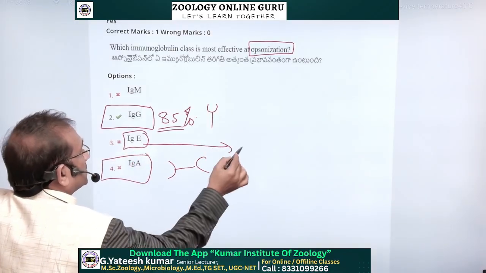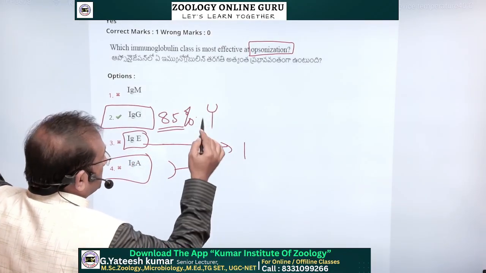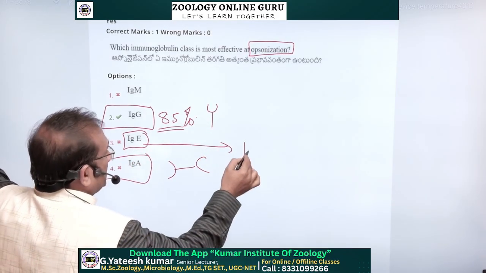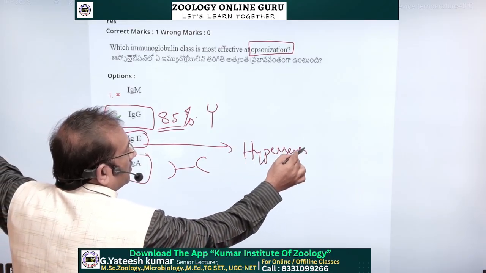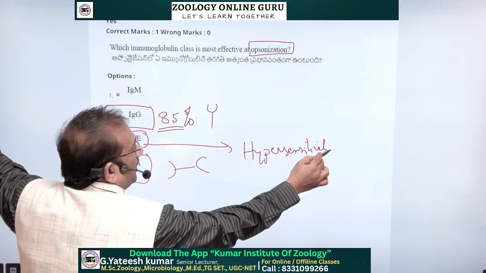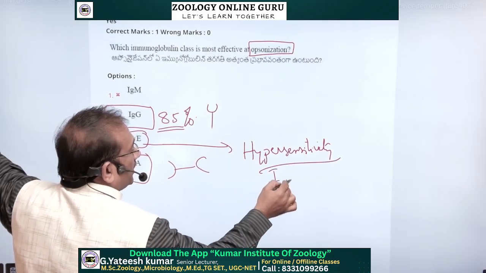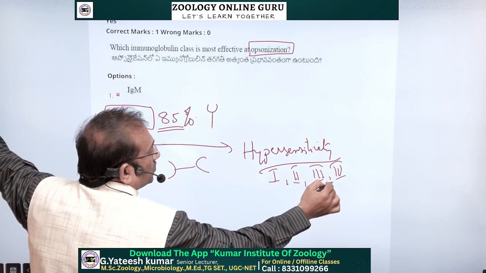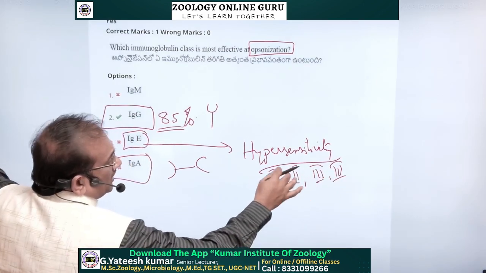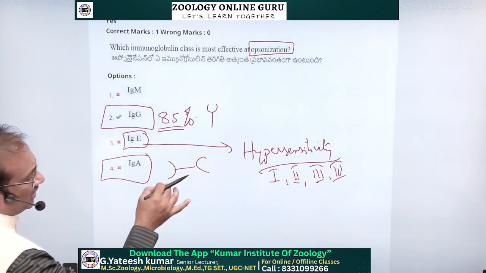This is the answer. Here, in the previous question, the second question is there: IgE, hypersensitivity. Hypersensitivity type 1, type 2, type 3, type 4 are there. Just go through the definitions, at least single or double line definitions.